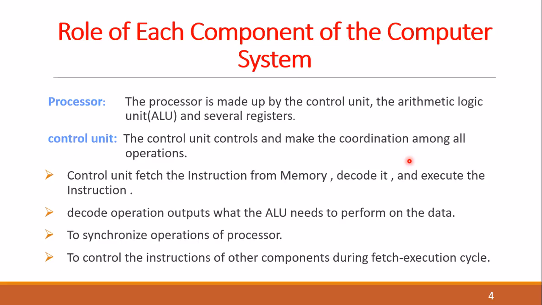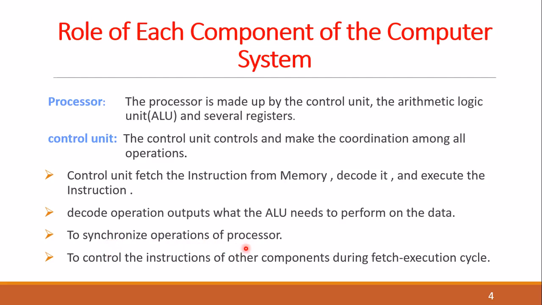So the control unit fetches the instructions from the memory, decodes them (decode means convert into a format that is easily understandable by the processor), and executes these instructions. Execute means run those instructions, and also perform the operations on the data.